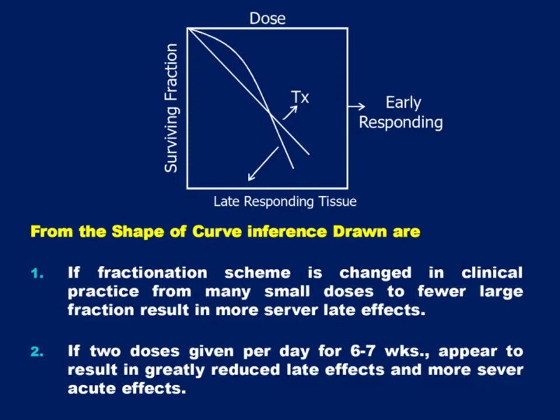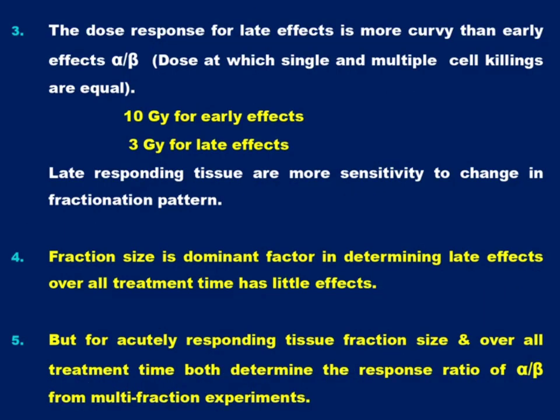So there, extra dose is required to counter the proliferation. An important conclusion is drawn: a prolongation of overall treatment time within the normal radiotherapy range has little sparing effect on the late reaction but a large sparing effect on the early reactions. A second conclusion: by prolonging overall treatment time we can overcome early reaction, but there is no effect on the late reaction.